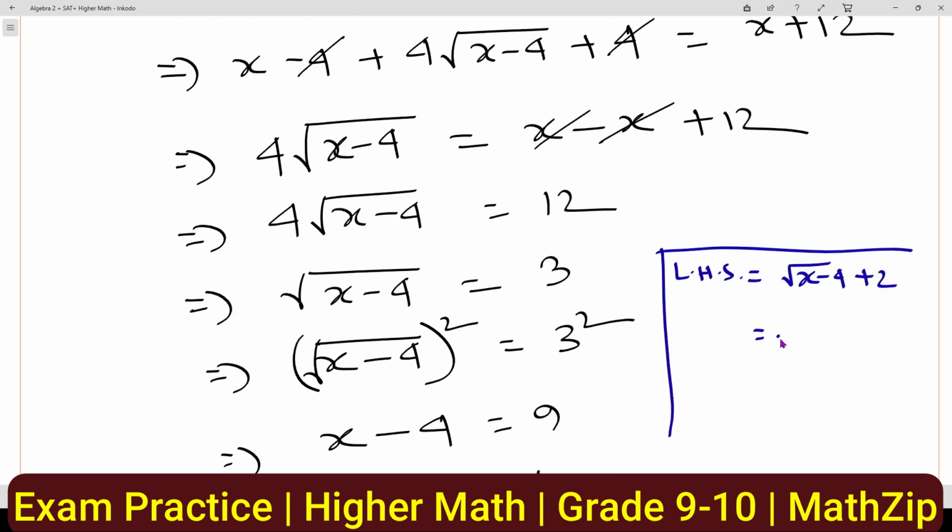So here is √(13 − 4) + 2. So 13 − 4 is 9, and here is a plus 2. √9 is 3, plus 2.